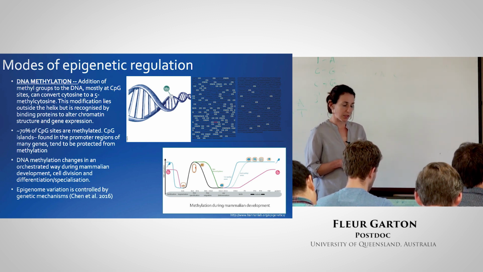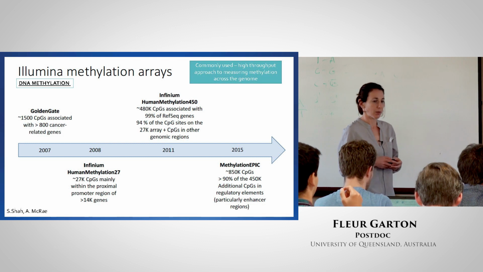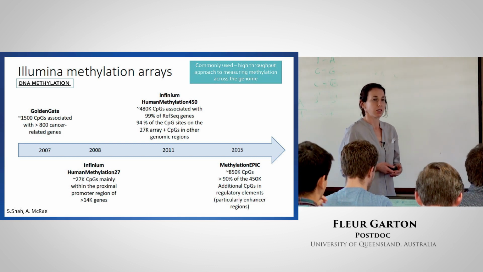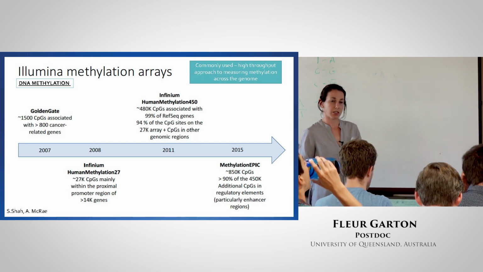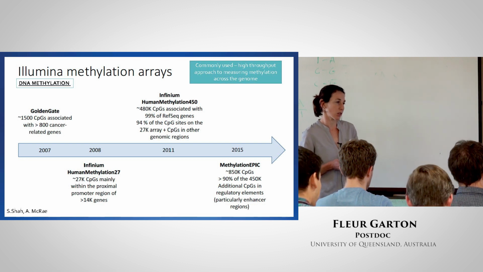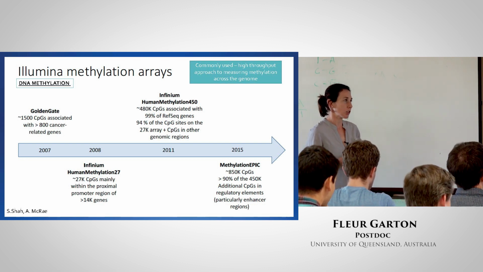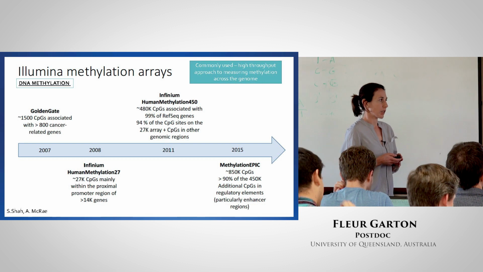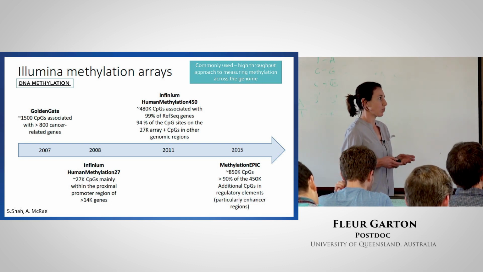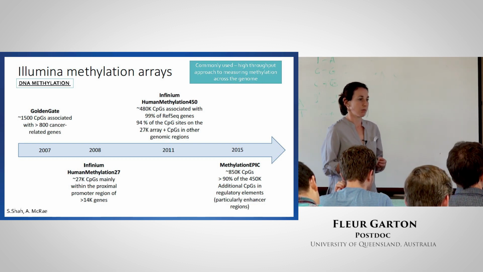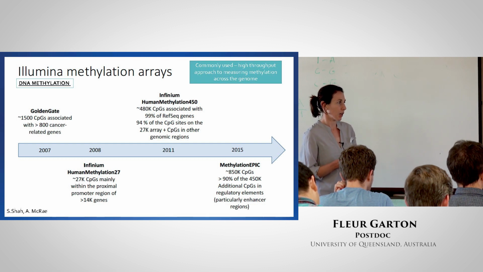Okay, so the next few slides are just talking about methylation arrays. These are, in a way, similar to SNP arrays, and they're pretty commonly used. Basically it's a chip that you can use to measure CpG DNA methylation.